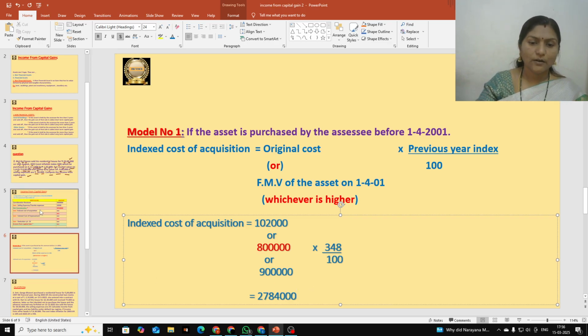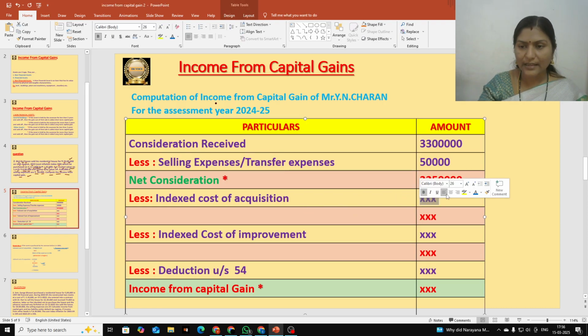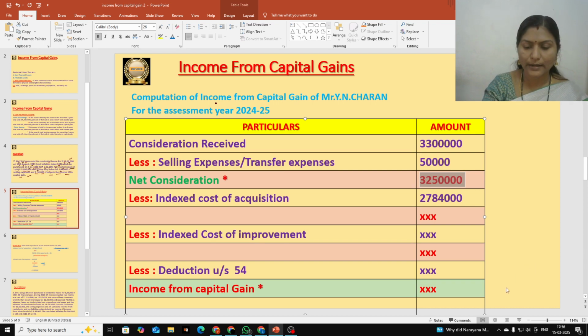And let us go and record that in the place of indexed cost of acquisition, 27 lakhs 84,000. And this indexed cost of acquisition you should deduct from net consideration 32 lakhs 50,000. So how much you will get? You check it. You will get 4 lakhs 66,000. We will record here 4 lakhs 66,000.